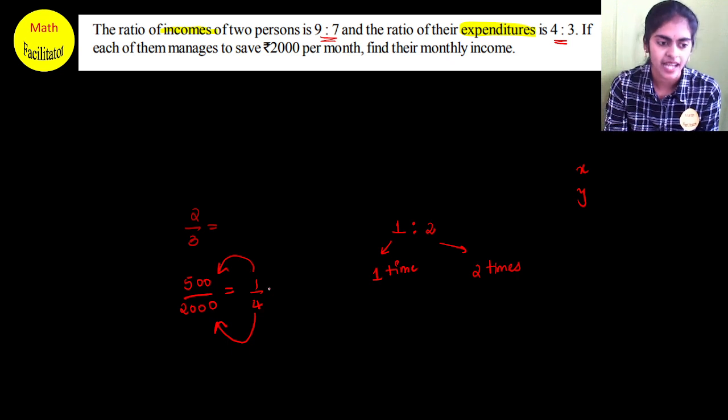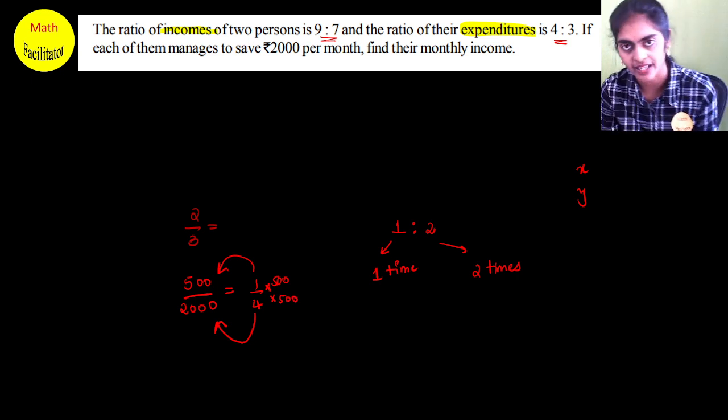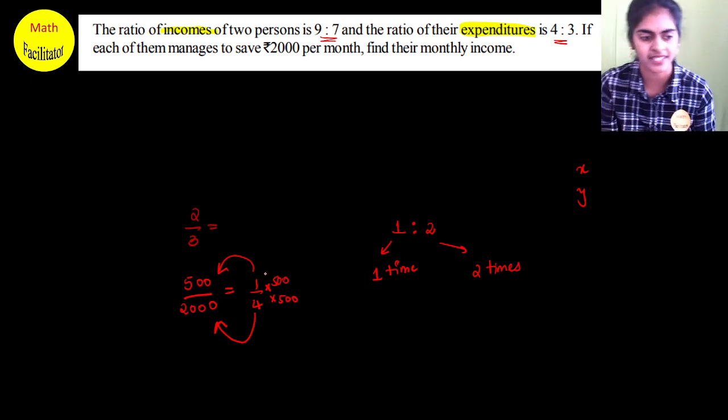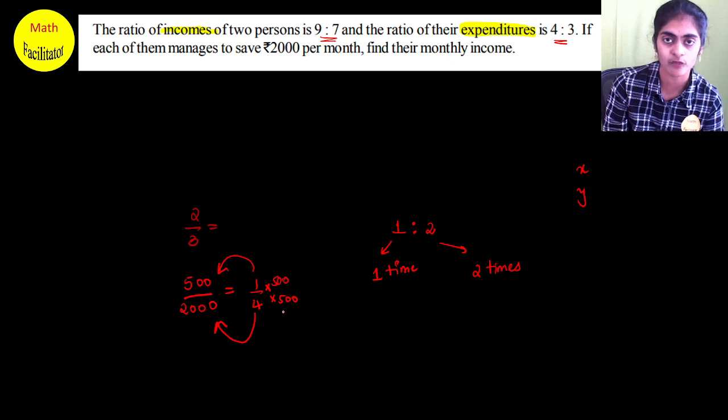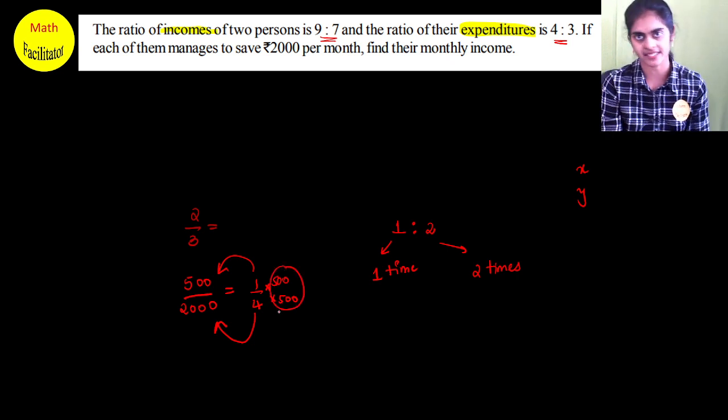Or I can say this is one time of 500 and this is four times of 500, because 500 is the common factor which I cancelled, isn't it?